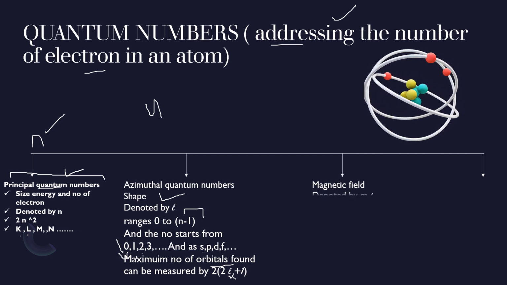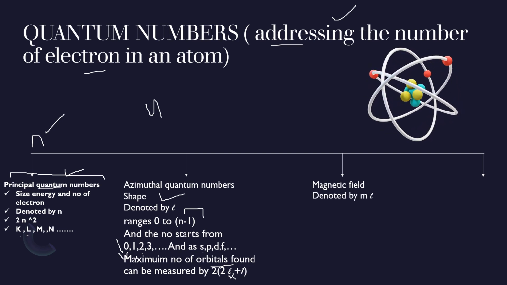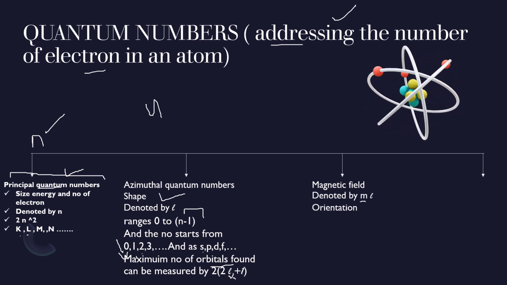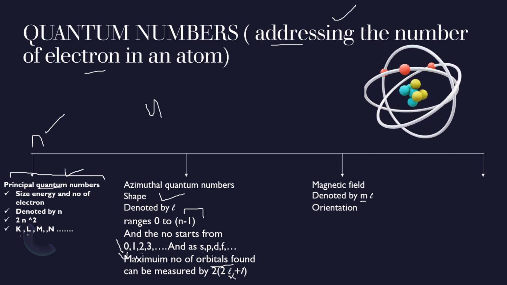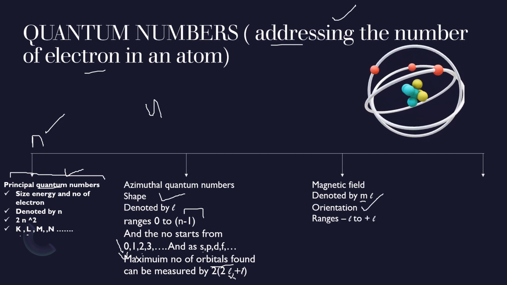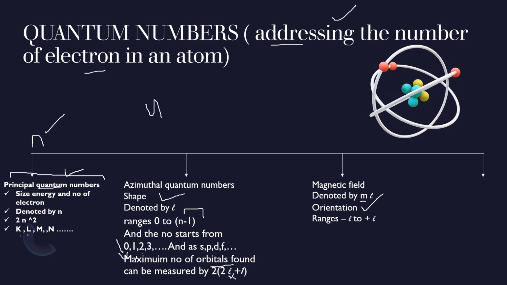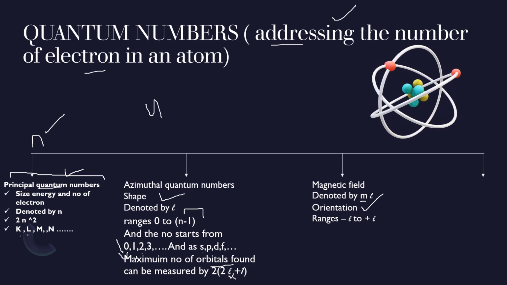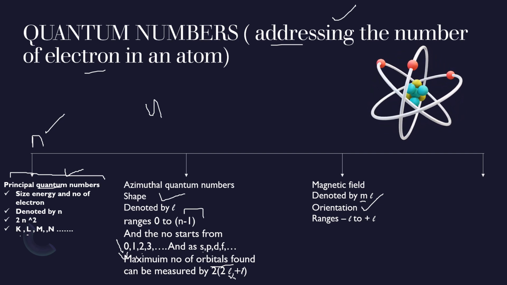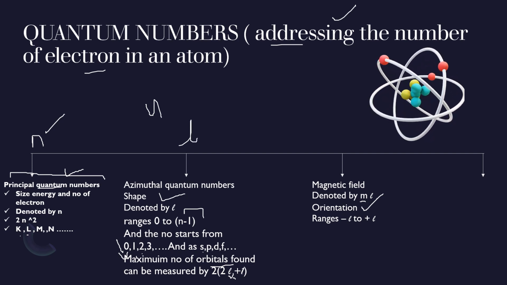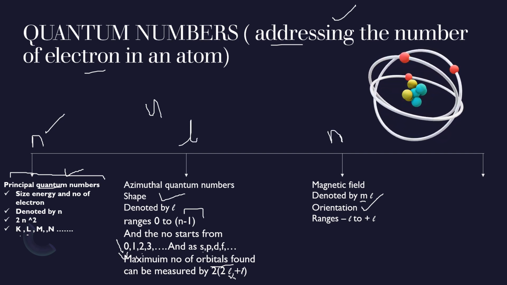Magnetic quantum number. The magnetic quantum number is denoted by m. It is used to find the orientation of the shells or orbitals. We have to make it clear that the azimuthal quantum number is denoted by l and the magnetic quantum number is denoted by m.